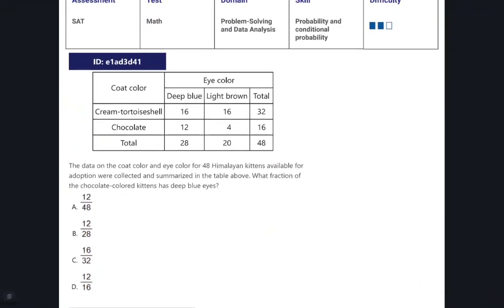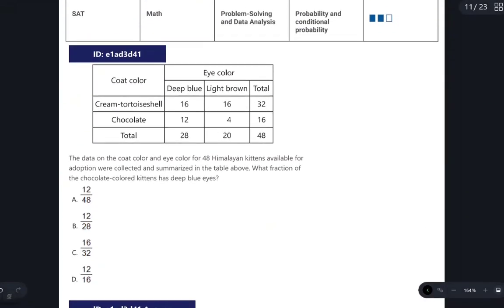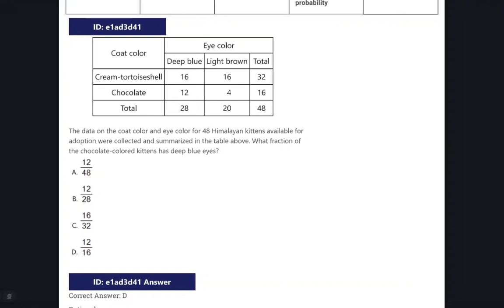This is a probability and conditional question, that's medium. Data on the coat color and eye color for 48 Himalayan kittens available for adoption were collected and summarized in the table above. What fraction of the chocolate colored kittens has deep blue eyes?